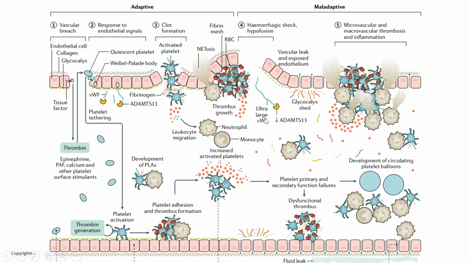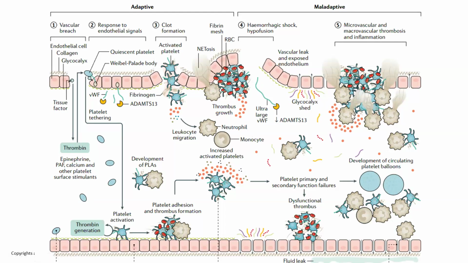That is, there'll be a presence of ultra large von Willebrand factors, and a decrease in ADAMTS13. The glycocalyx layer will get shed, so the platelet would not know where to go and sit. Along with a drop in the number of platelets, that is dilutional thrombocytopenia, there will also be dilutional coagulopathy, which ends up causing trauma-induced coagulopathy.